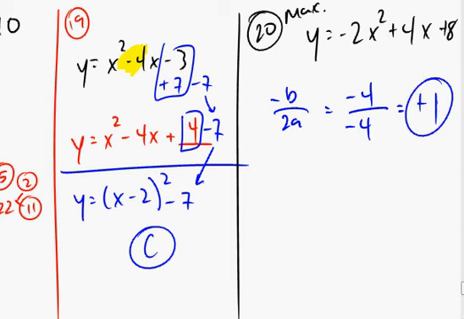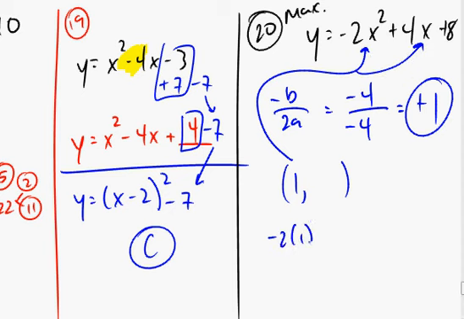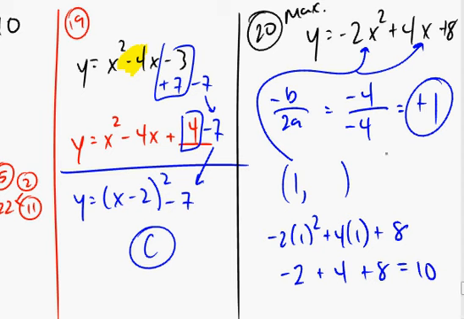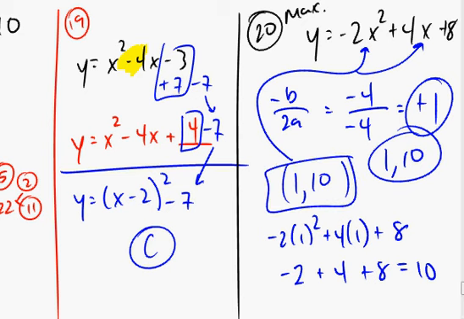Is that the maximum? No, that's the x value, right? Plug that in here. And you get 1 squared minus 2 times negative 2. So the maximum is 10.